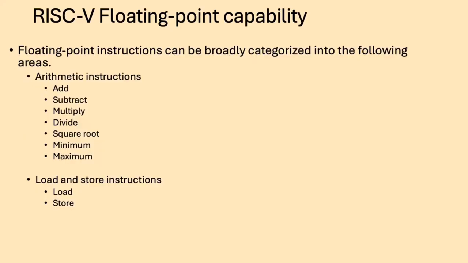We're going to have an overall view, first of all, of the floating point instructions. They are broadly based into categories such as arithmetic, and then load and store instructions. Some of the arithmetic subcategories that might be of interest are square root and minimum and maximum instructions. So this is something we didn't meet with the integer arithmetic tutorials.